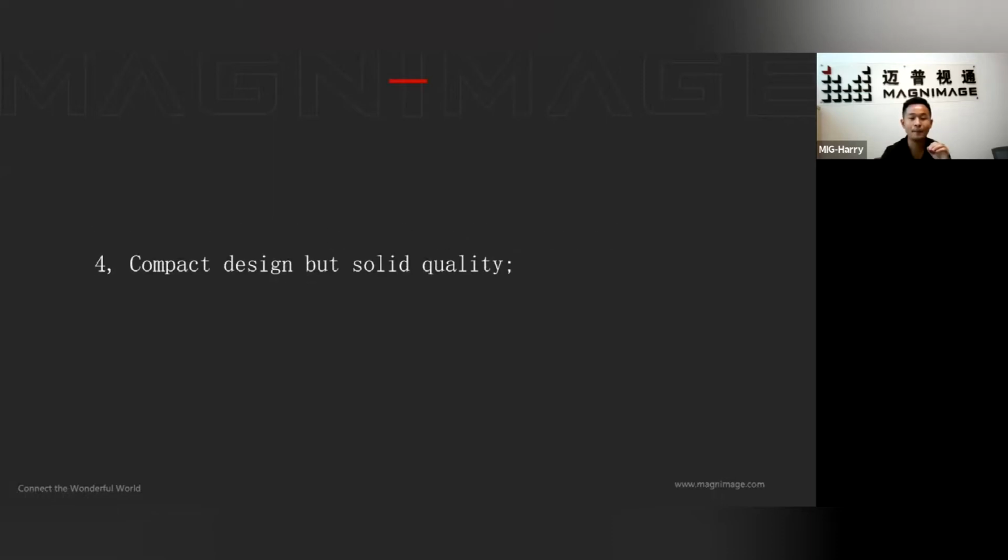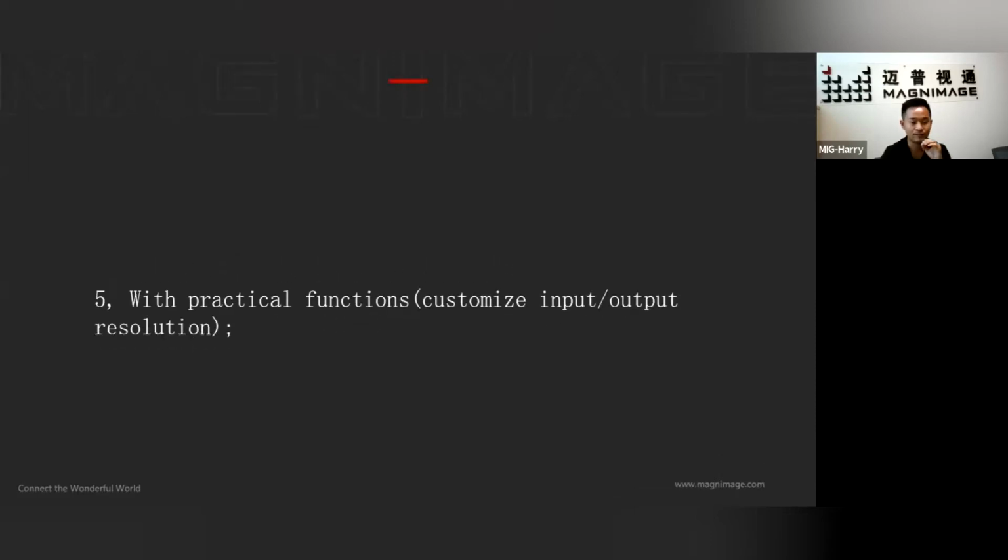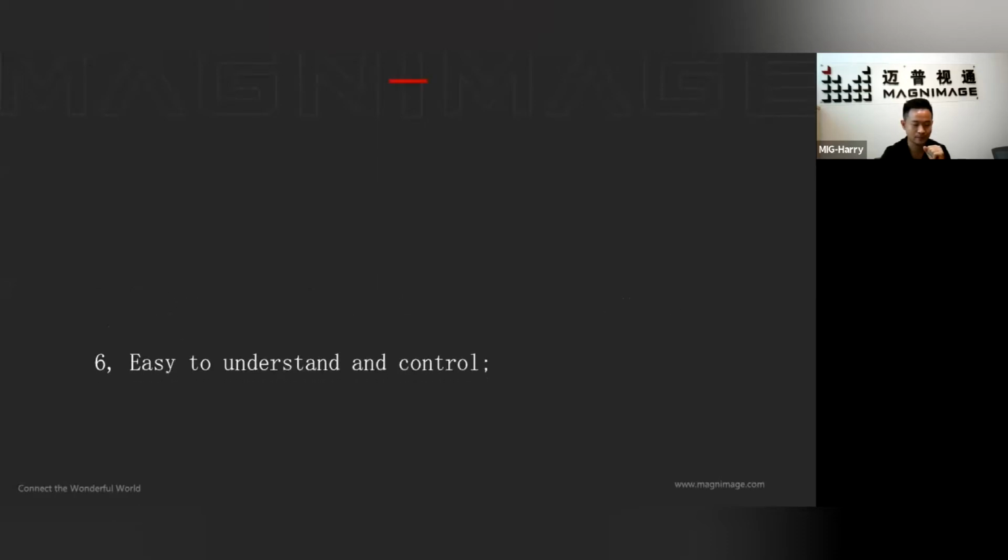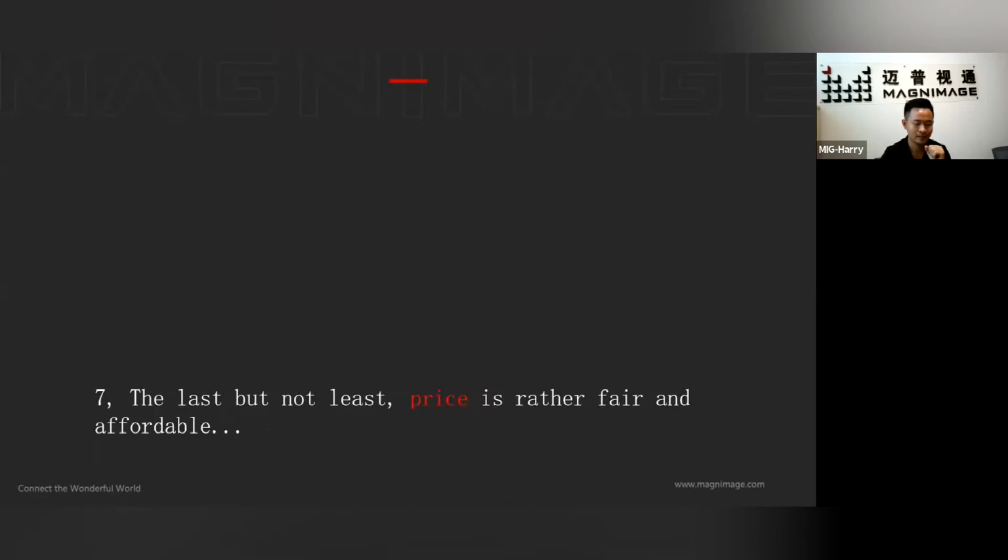It has a compact design but solid quality, with a lot of practical functions, such as customized input and output resolution. It is easy to understand and control. Last but not least, the price is rather fair and affordable.